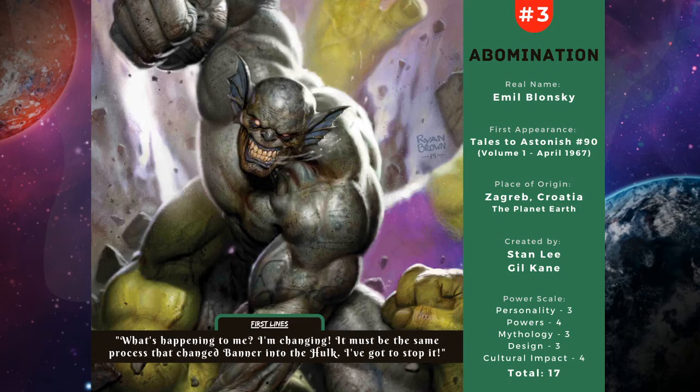So his personality sits at 3, powers 4, because again he's able to actually have a blow-for-blow battle with the Hulk. His mythology and backstory gets him a 3. Just for the record, as we go forth, the standard mythology for most of the Marvel characters is a 3, unless they have really done some really, really cool stuff.